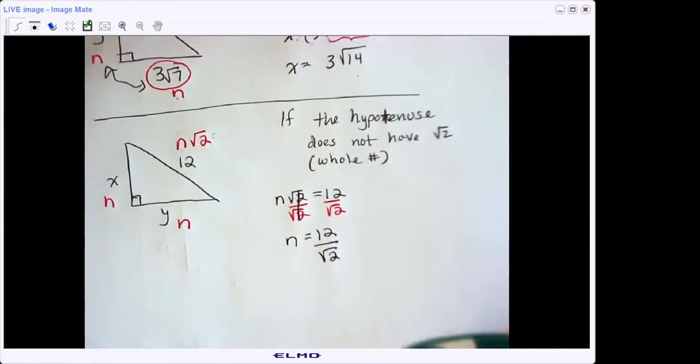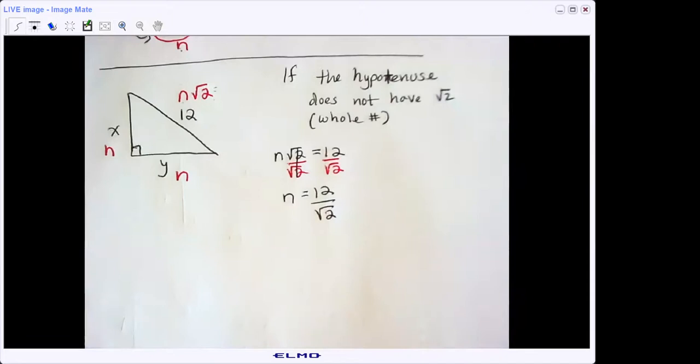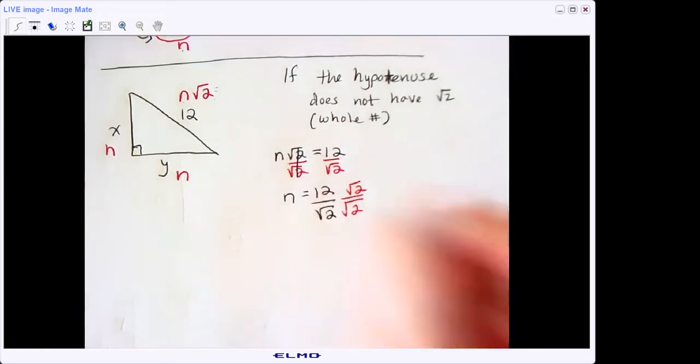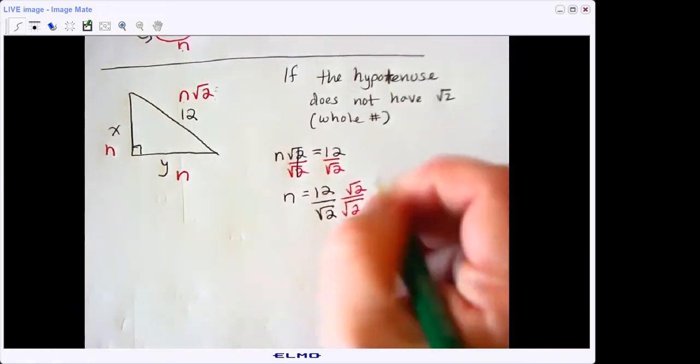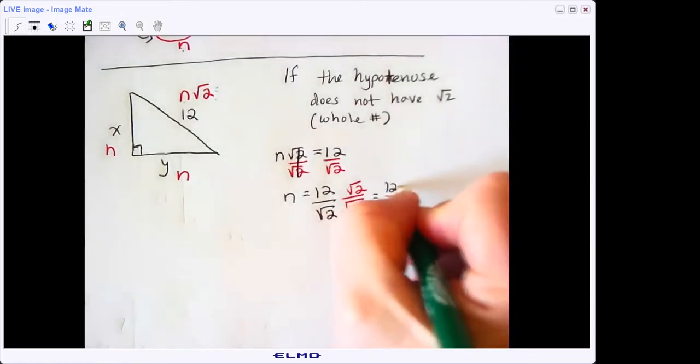But I can't leave the root 2 in the denominator because that's against the math laws. So I'm going to multiply. What am I going to multiply by? Square root of 2. Awesome. Square root of 2 top and bottom. So on the bottom, I get a 2. And on the top, I get 12 root 2.